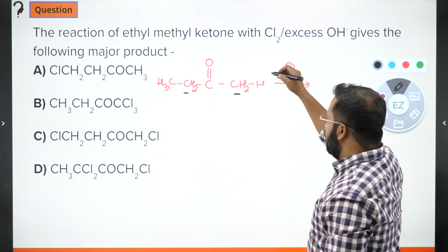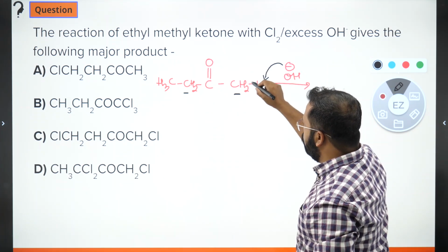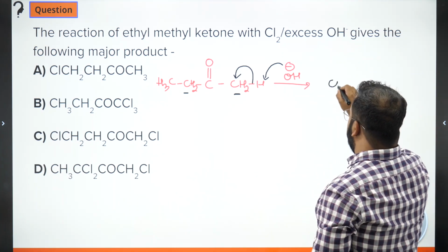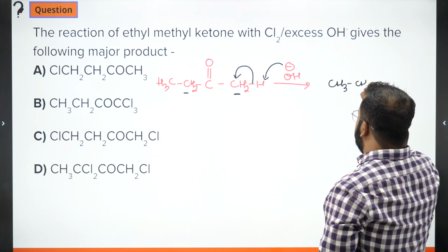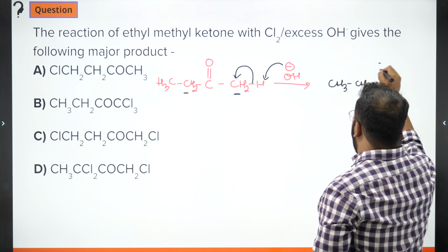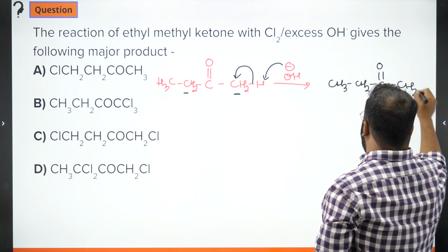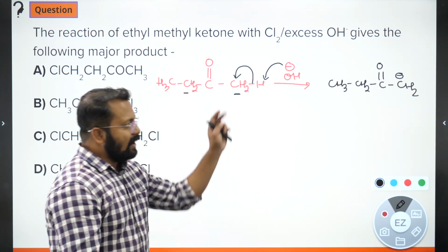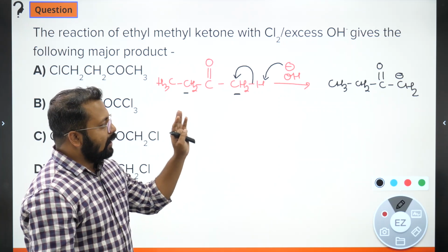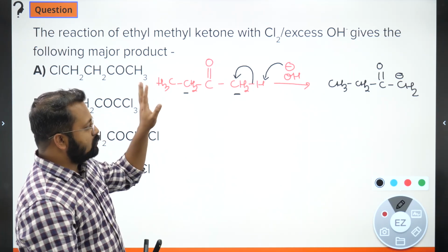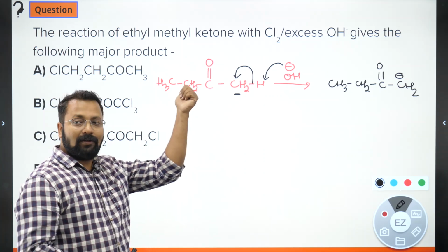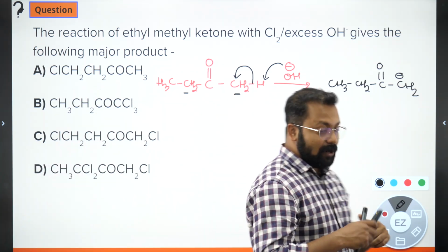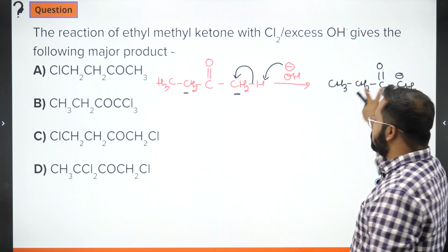So this H will be removed and we would be getting CH3, CH2, C double bond O, CH2 minus. ठीक है, ये anion ज्यादा स्टेबल है compared to an anion which would have been formed over here, because what makes anion stable is resonance, which is present in both the cases.